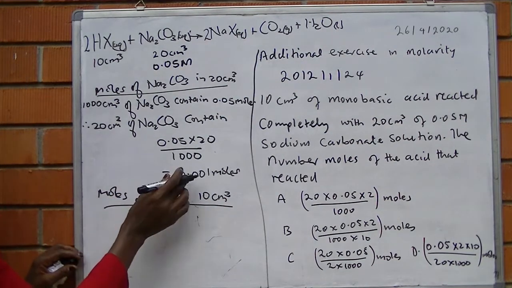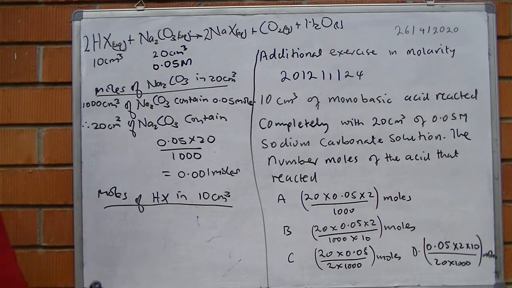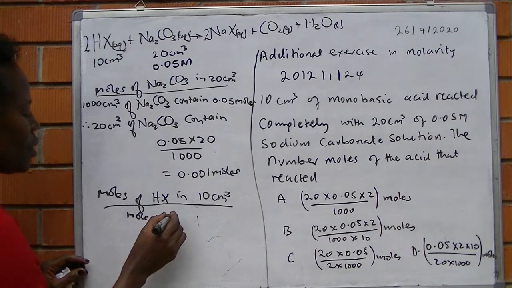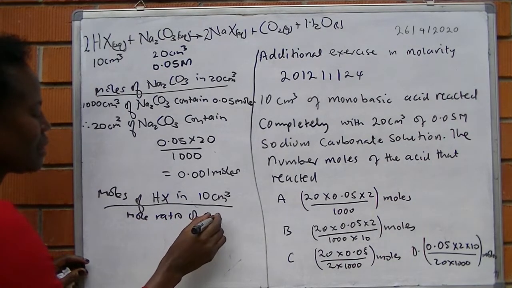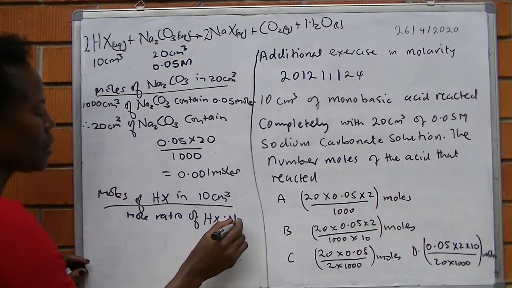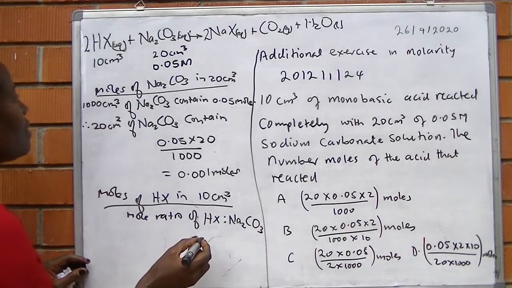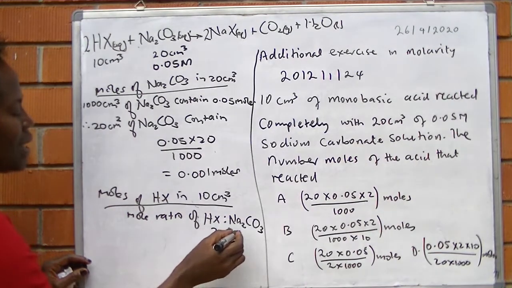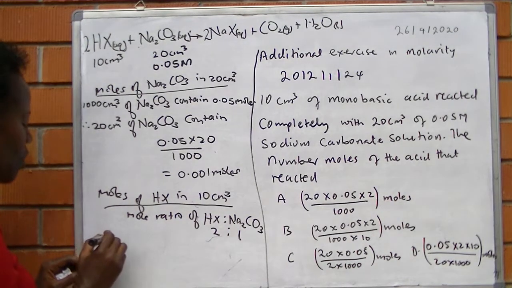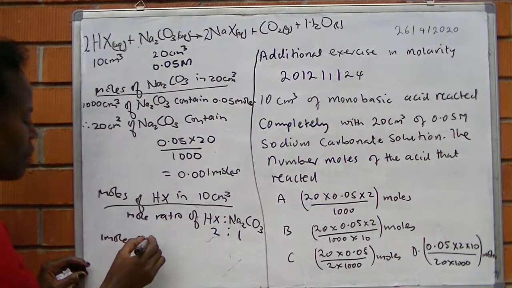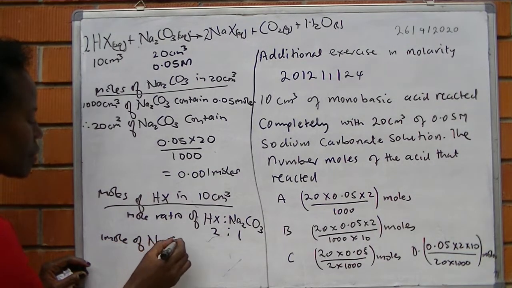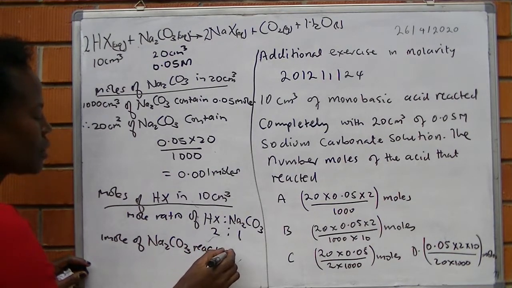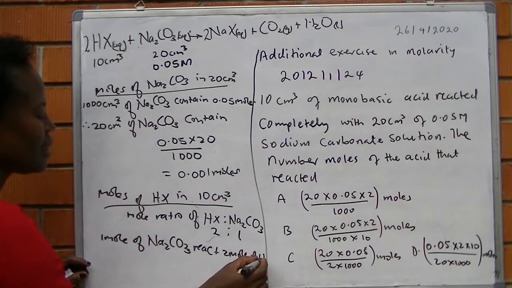So let us go and get the moles of the monobasic acid in 10 cubic centimeters. I told you, having obtained the first moles, always you have to go to the mole ratio. Mole ratio of the monobasic acid to sodium carbonate, which is equal to the value in front, which is equal to 2 to 1. What does this mean? It means that 1 mole of sodium carbonate reacted with 2 moles of the acid.